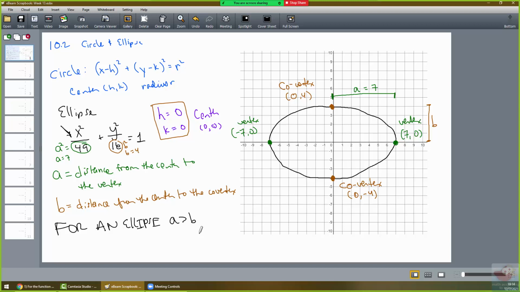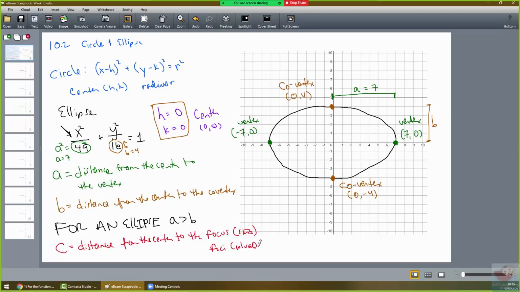The last little part of the ellipse, even though we have the graph there, the real reason this graph exists is some two other points called the foci. The foci are given by the letter C. C is the distance from the center to the focus. Focus is singular, foci is plural.